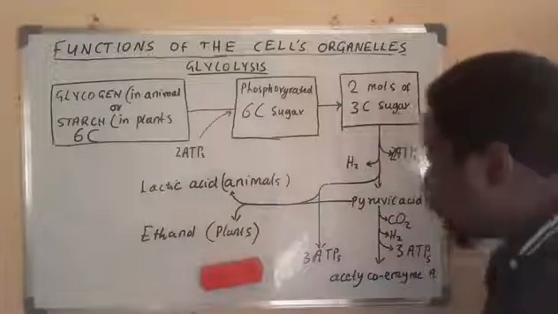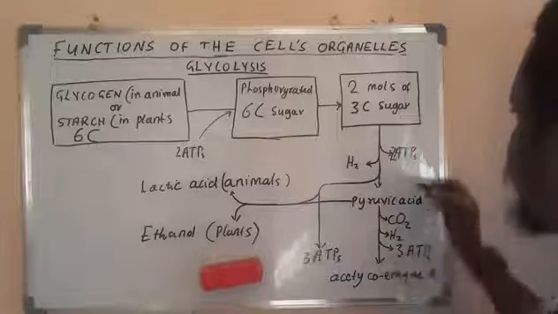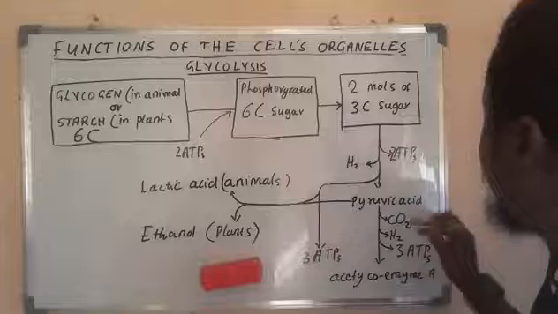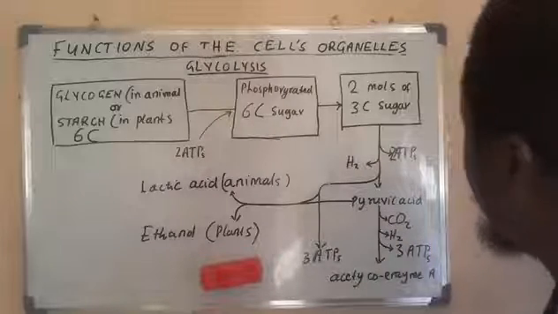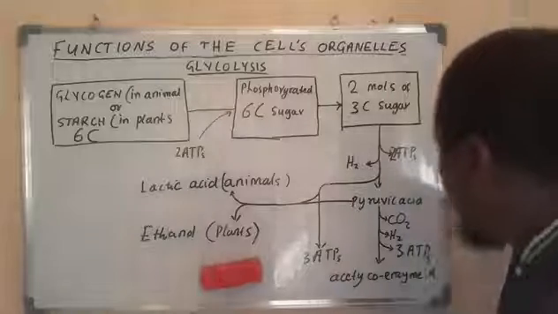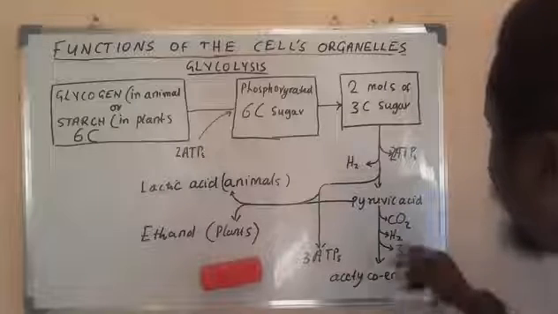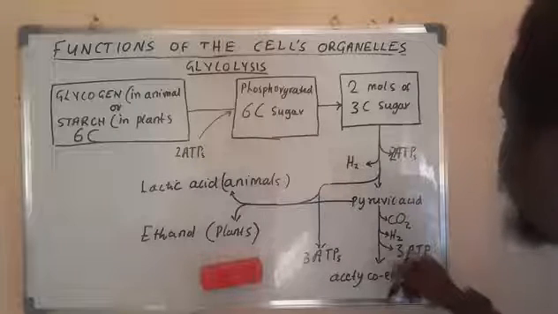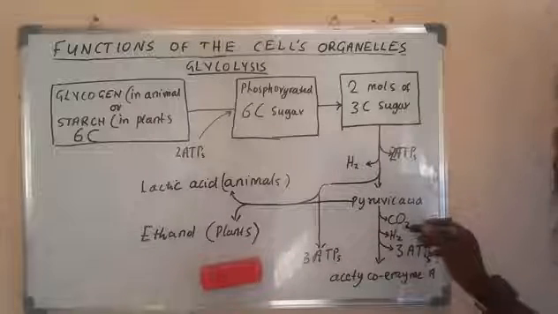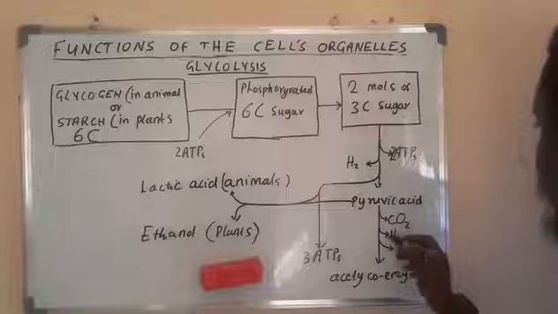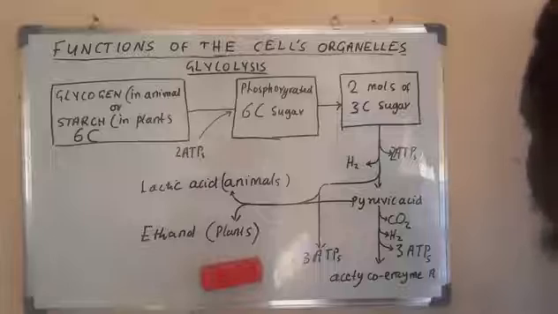And it takes place in the cytoplasm, not in the mitochondria. You can see some amount of ATP has been generated, and this ATP will be used for the production of energy. And the acetyl coenzyme A is going to be formed inside the mitochondria after the release of carbon dioxide by the process called decarboxylation, and release of hydrogen by the process called dehydrogenation.